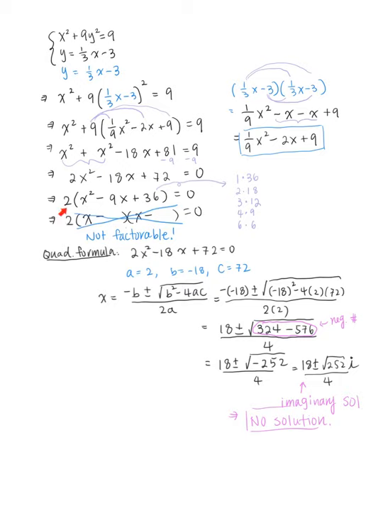First I got the greatest common factor out, and then when I tried to factor, I realized that it is not factorable. So I just wanted to see what's going on by using the quadratic formula, and when I used that, our result was an imaginary solution. So in this case, our answer is no solution, which is curly brackets with nothing in it. All right, so that should make sense.